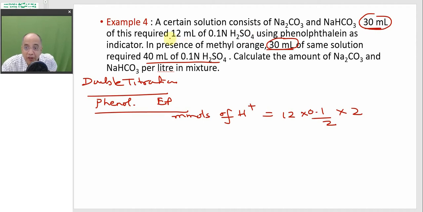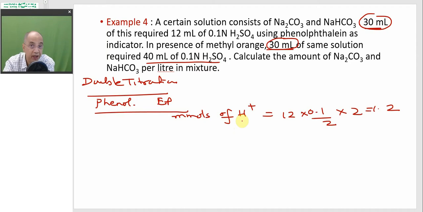That means V1N1, 12 into 0.1, that is 1.2, that is the number of milliequivalents of sulfuric acid. Number of milliequivalents of sulfuric acid means number of moles of H plus ion. Same thing. You understand? So the 2 get cancelled. It is 1.2 millimoles of H plus. I deliberately rejected equivalent concept and will show the supremacy of mole concept.